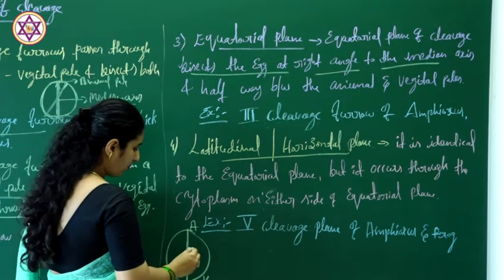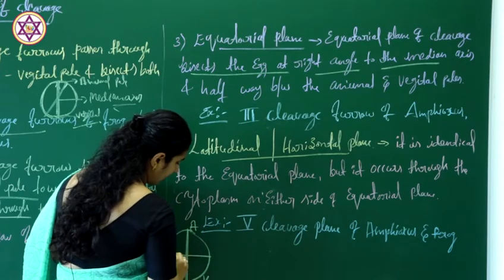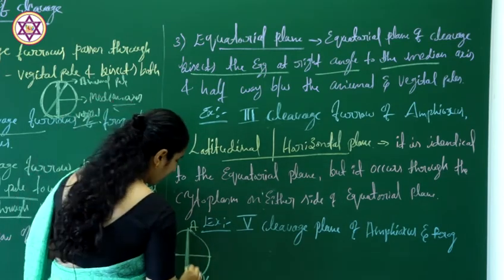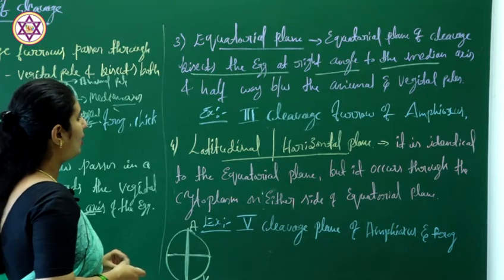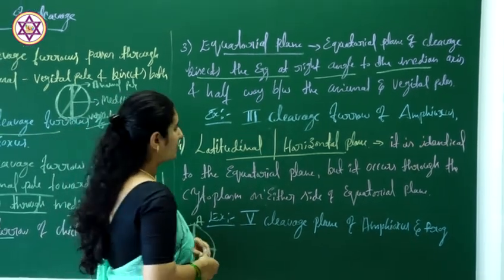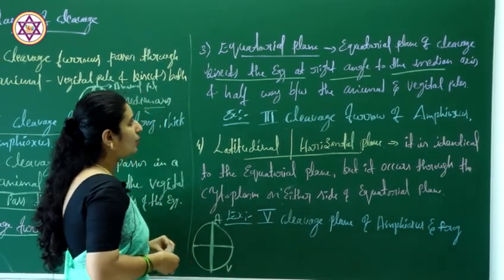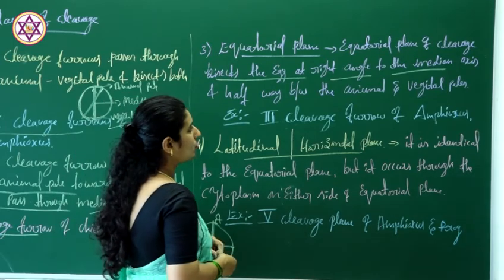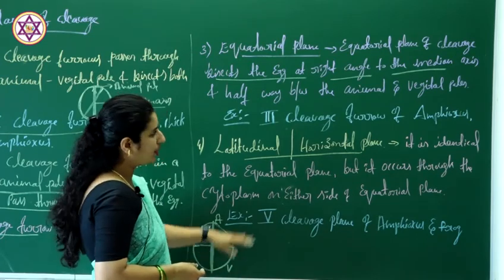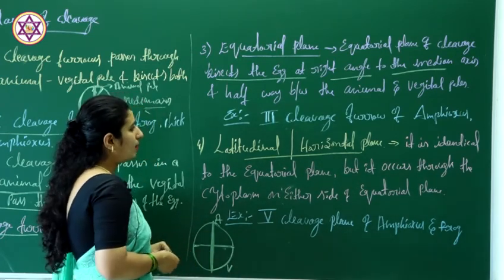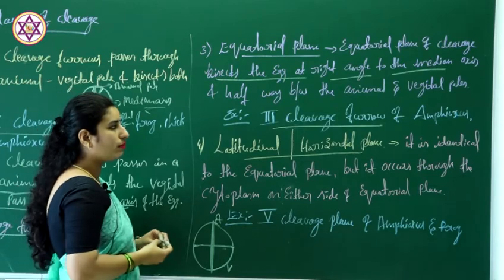The equatorial plane comes at right angle to the median axis like this, halfway between the animal pole and the vegetal pole. Example is the third cleavage furrow of Amphioxus.